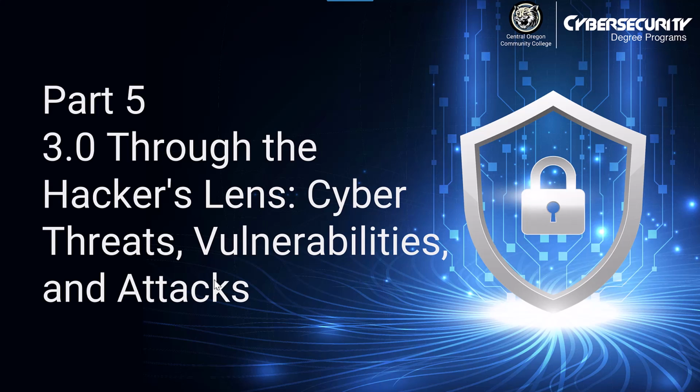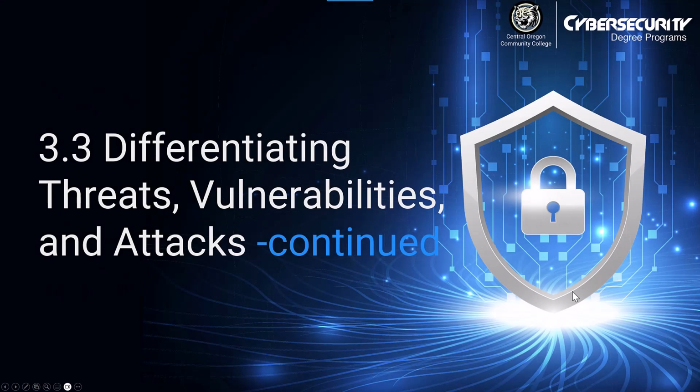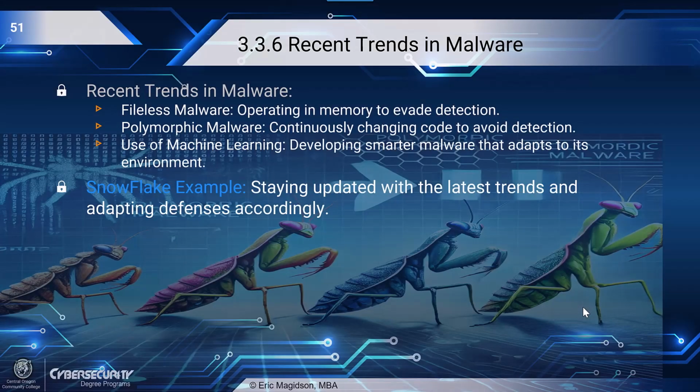All right. So let's go ahead and dive into our last section, finishing threats, vulnerabilities, and attacks. Well, with attacks. So trends in malware. As we talk about malware real quick, a recent trend in malware, just to finish that section off, is fileless malware. This is malware that doesn't install into secondary memory.